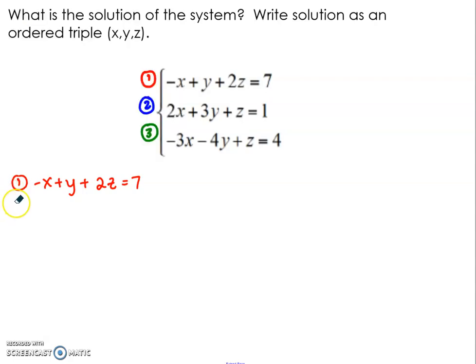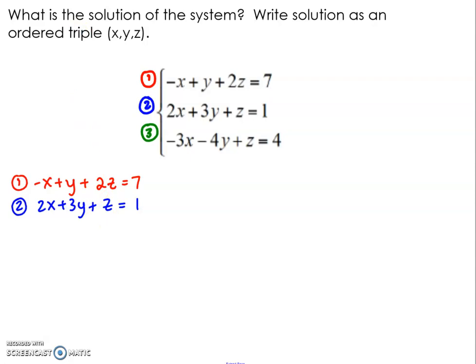Okay, now the problem here between 1 and 2 is that, let me write this out because I can't write and talk at the same time. So the problem here is that if I want to eliminate the z's, they're not the same. So if they're not the same, what I have to do is make them have the same number. So if I want them to cancel out, they're both going to have to, in this case, be 2, and they're going to have to be opposite signs.